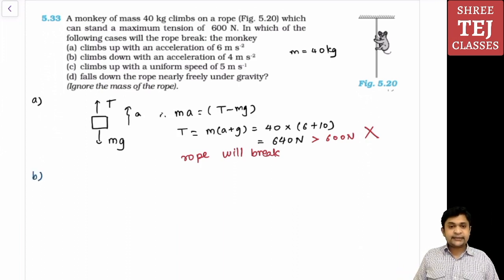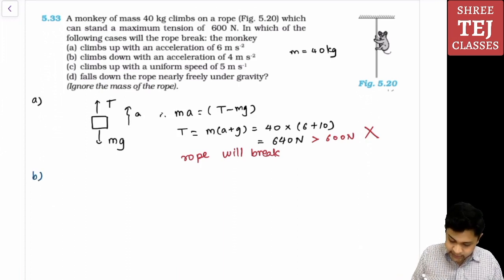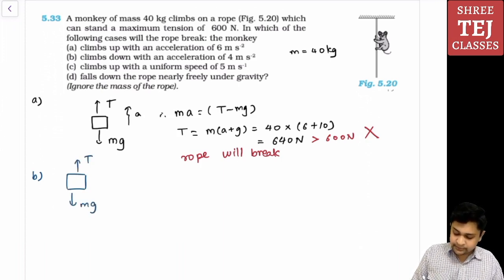What is the next case? The monkey climbs down with an acceleration of 4 meter per second square. Again, free body diagram. Weight mg, tension upwards T. Now acceleration is downwards a.